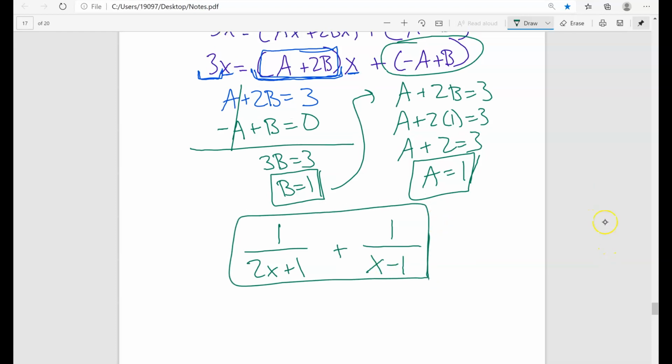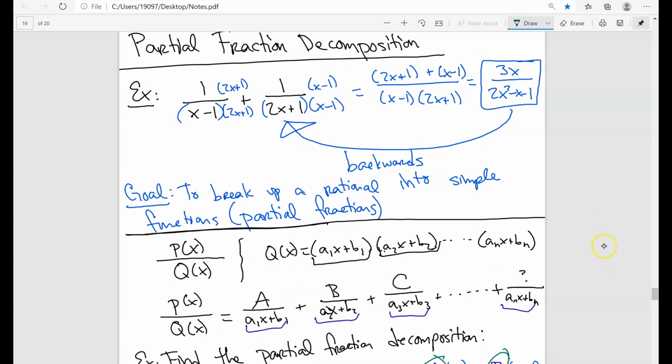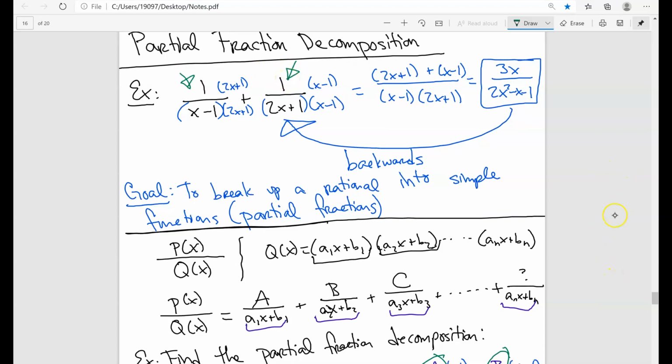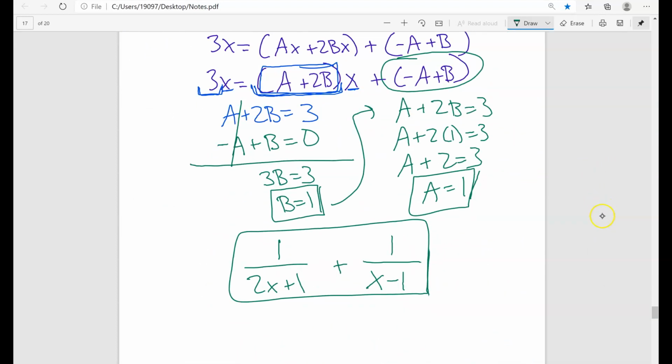So as you see from the very beginning of the video, we said that that was it, right? This is the partial fractions. These were it. So yes, the process is a little more lengthy than actually combining like terms, but this is just a way that you go back to the original partial fractions. Okay. All right. So now let's do another one.